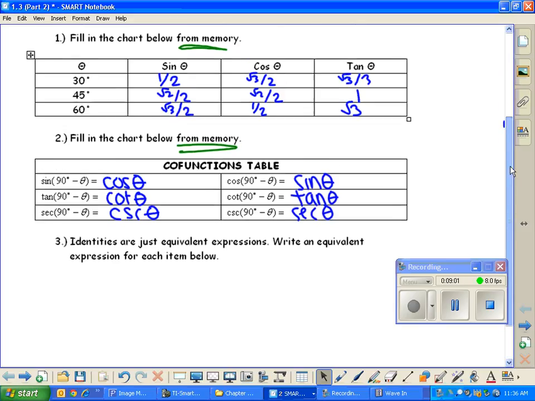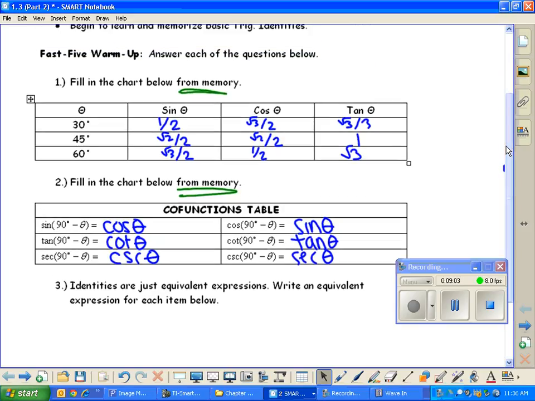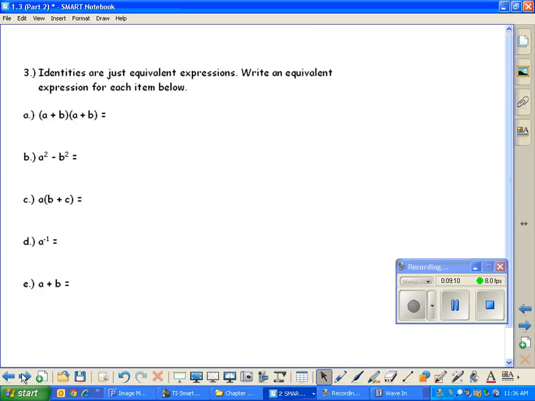Hopefully, everyone got this for their 2 charts. Should be coming kind of quickly now to us. I'm going to flip over to number 3.